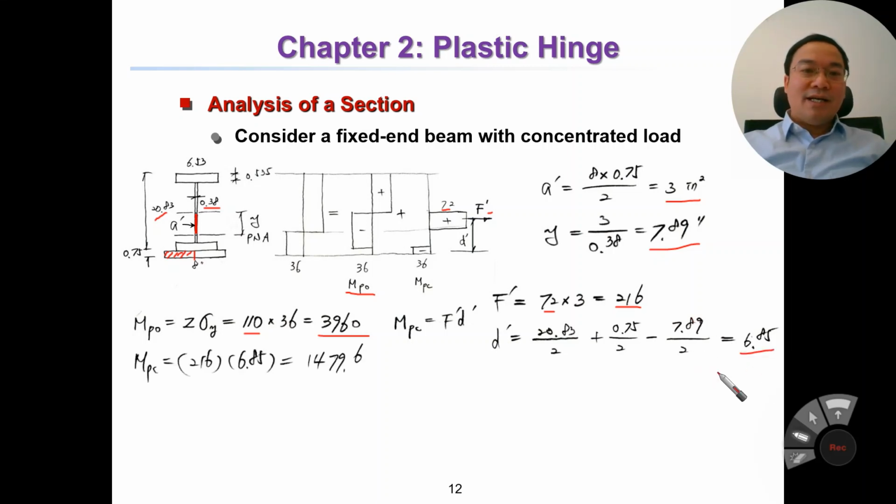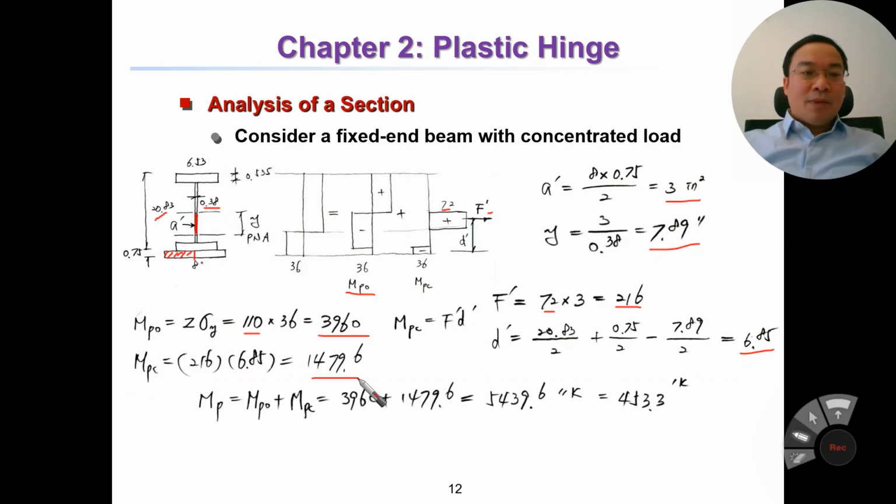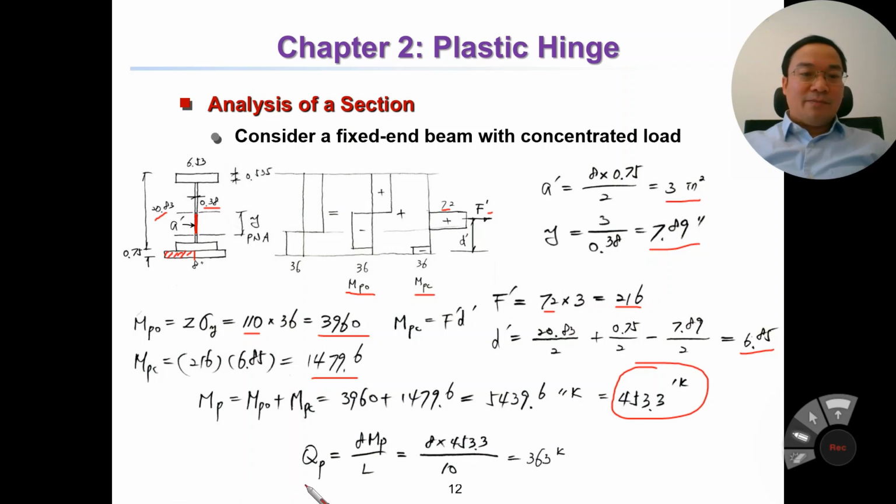Then we have MPC equal to this. And now we have MP equal to this part plus this part. And finally we have MP equal to this. Then because we have MP, now we have QP equal to this one. That is the final solution.